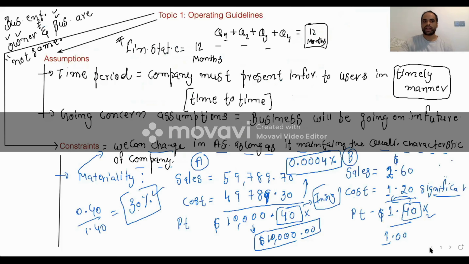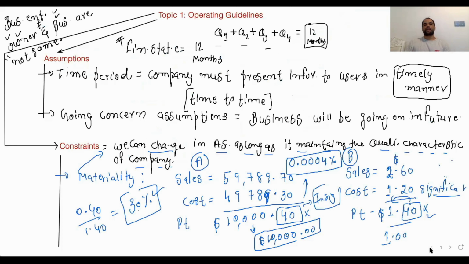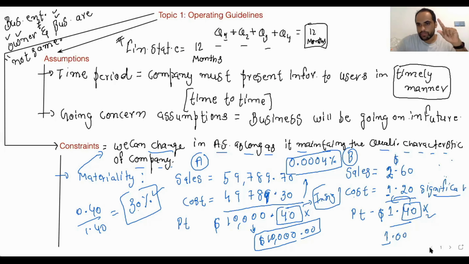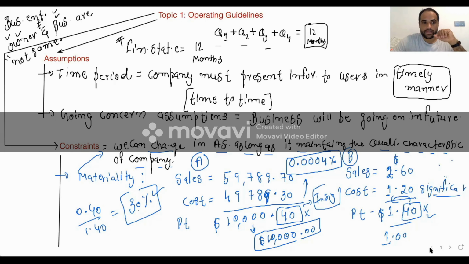Your operating guidelines, which involve principles, assumptions, and constraints, right? That's all finished. So let's take a quick glance at what we have done. In principles, we studied the revenue recognition principle, then the full disclosure principle, then the matching principle, right? We studied 3 principles.